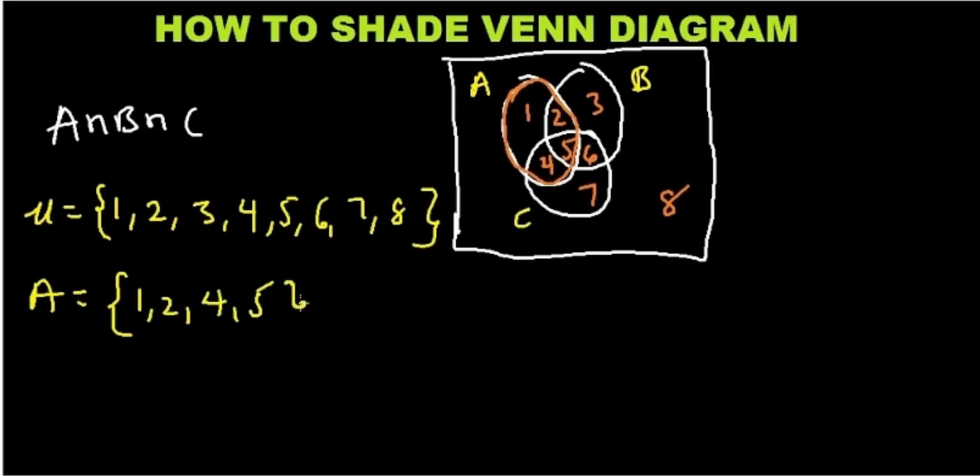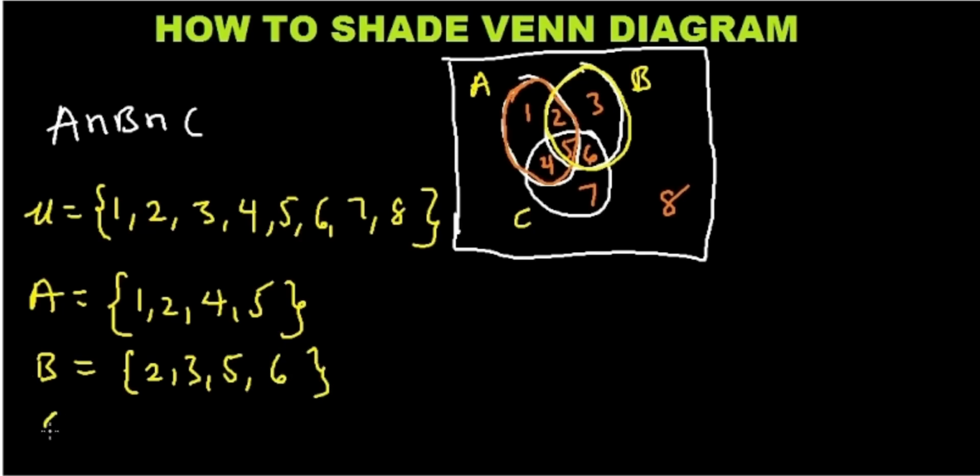They are for A. Then for B, what do we have? B is all these ones that pertain to B. That is 2, 3, 5, 6.